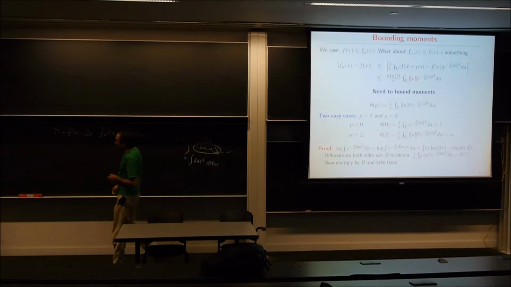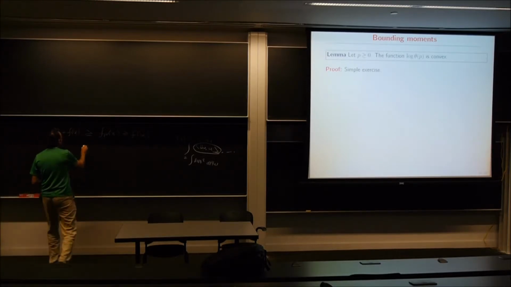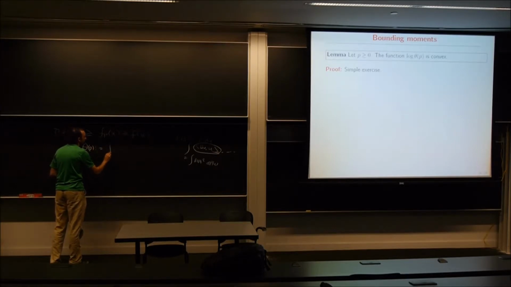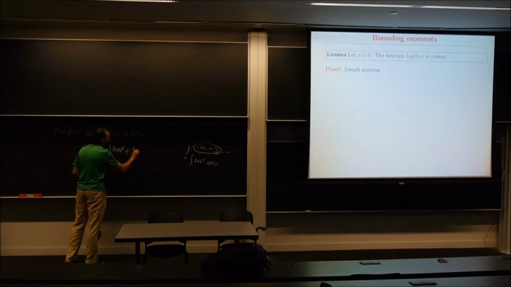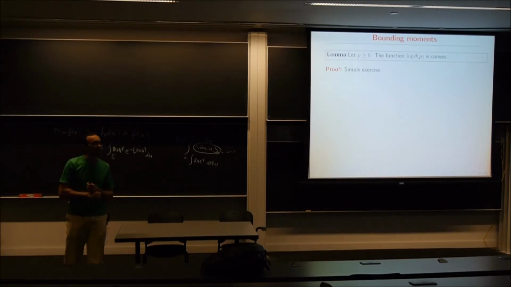Anyhow, so two moments are controlled, but the nice thing happens now. That's a very simple observation, but a very nice observation. That theta p function, which we defined as the pth moment of the norm, is log convex in p, which is obvious, right?